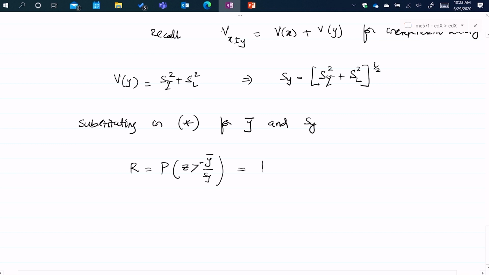That's equal to the probability that z is greater than negative of Y bar minus L bar divided by s sub cap Y squared plus s sub cap L squared raised to the power 1/2.